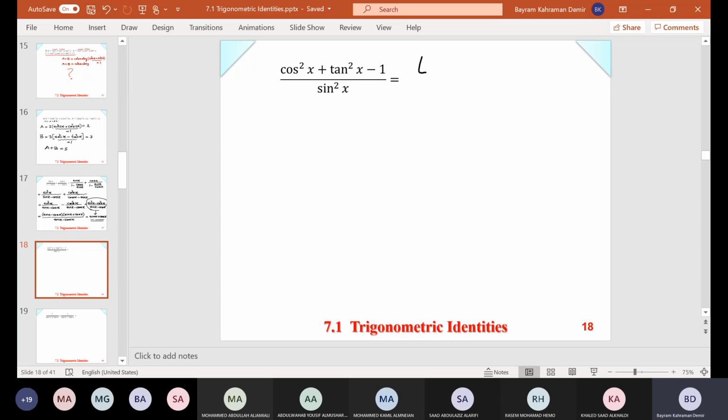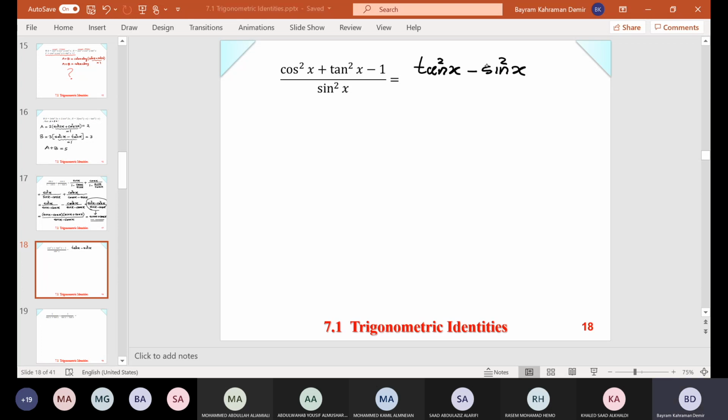So tangent squared x minus sine squared x. Where is minus sine squared coming from? Cosine squared minus 1 is minus sine squared. Of course.